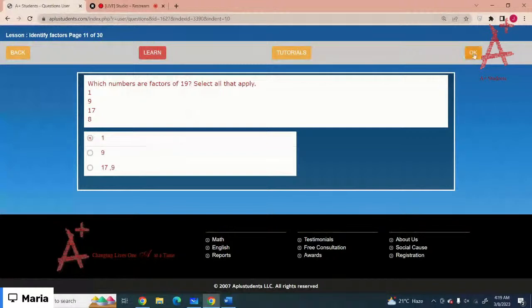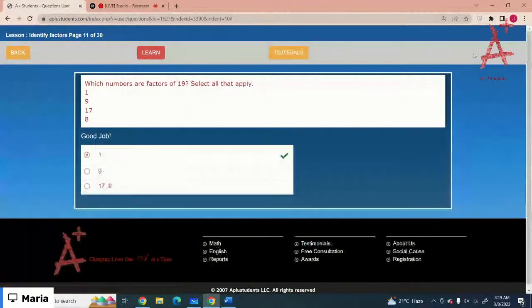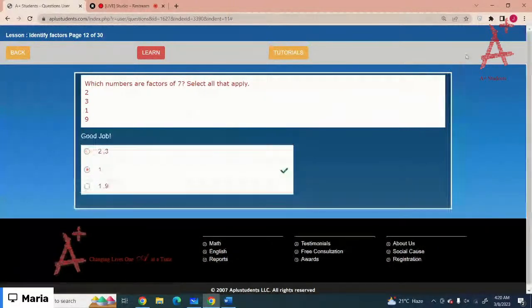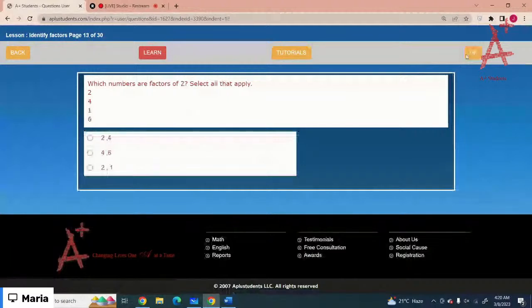Got it? Okay, the next one is: which numbers are factors of 7? 2, 3, 1, and 9. So, which numbers are the factors of 7? Yes, very good. 1 is the only factor of 7 here. Got it? Okay, the next one is: which numbers are the factors of 2? 2, 4, 6, 1.